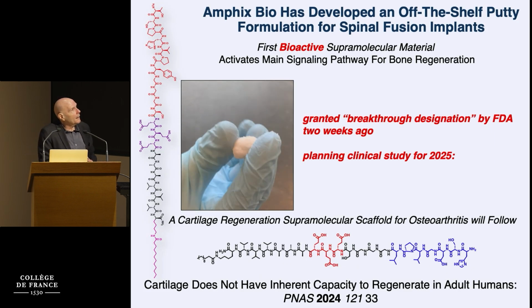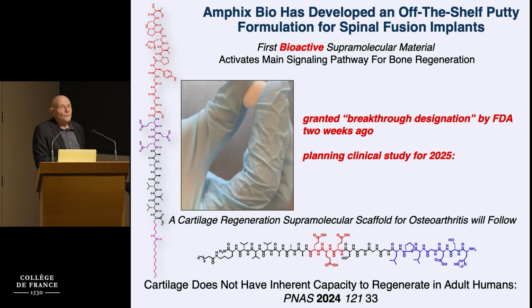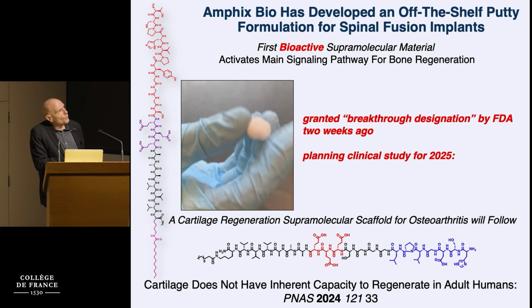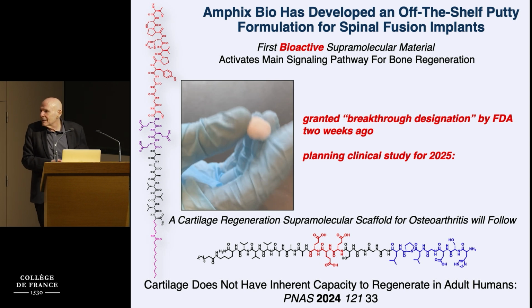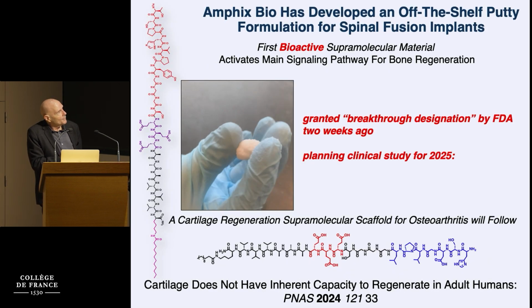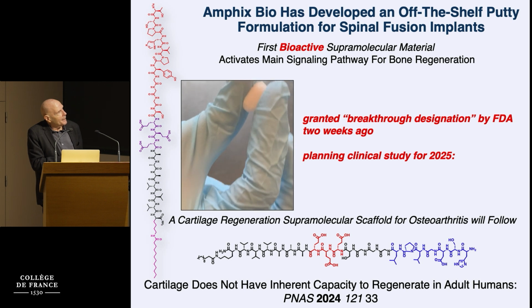Here is one example, and I point to this one because this one was just granted breakthrough status by the FDA, and the clinical trial is either going to be toward the very end of this year, but most likely, I think, at the beginning of next year. It is basically a putty-like material. You see here, it's like a putty.